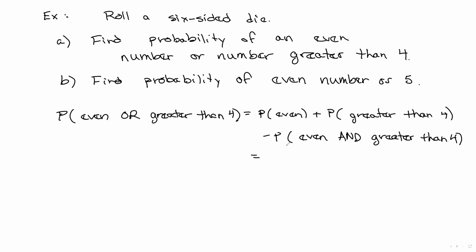We're going to have 2, 4, and 6. There are 3 possibilities, so that's 3 out of 6. What is the probability that we get greater than 4? It doesn't say greater than or equal to, it just says greater than. So 5 and 6. There are 2 possibilities in the event space out of 6 total. And then what are the even numbers that are greater than 4? So 6, which we ended up counting twice, in both of the 2 events.